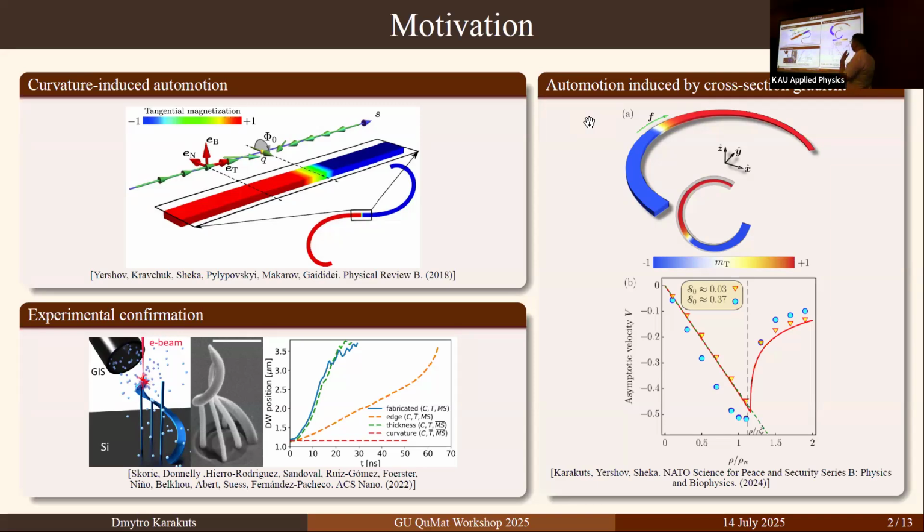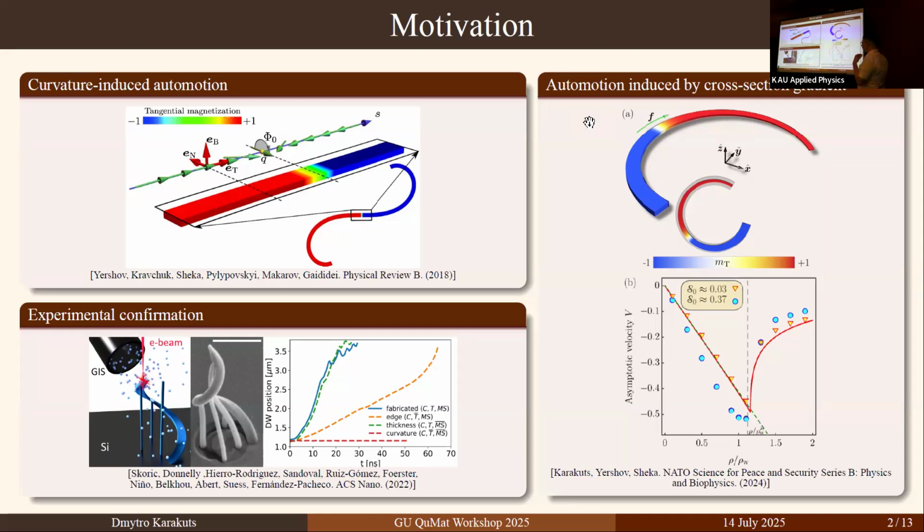We have already done studies on the competition between the cross-section gradient and nanostripe curvature, as seen here. And they have confirmed that indeed we can explain how the cross-sectional gradient can overpower the curvature gradient.